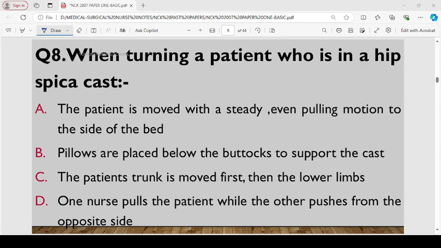Nurse C says the patient's trunk is moved first, then the lower limbs, and this is equally incorrect. You need the entire body to be moved as a unit to avoid stressing the cast. Nurse D says one nurse pulls the patient while the other one pushes the opposite side. This is incorrect as this could create strain and even uneven movement, causing discomfort and damage to the cast. So maybe the nurse that is giving us a better option could be B, who talks about pillows being placed below the buttocks to support the cast.